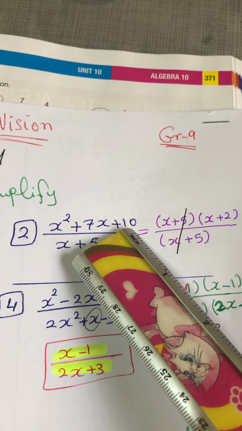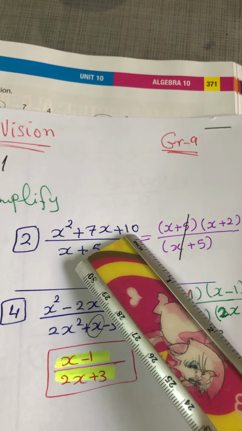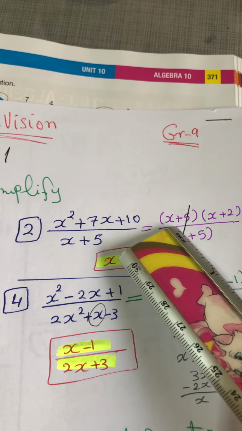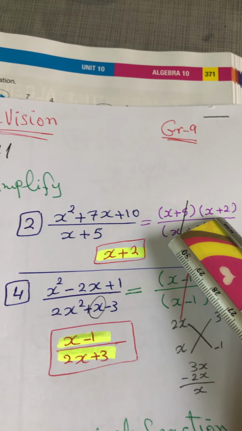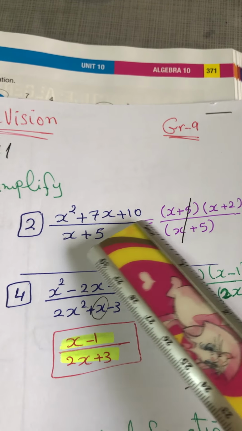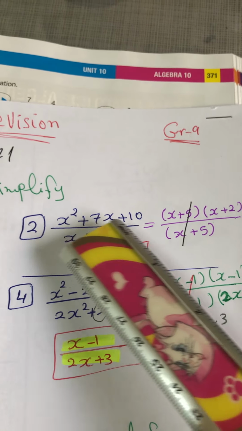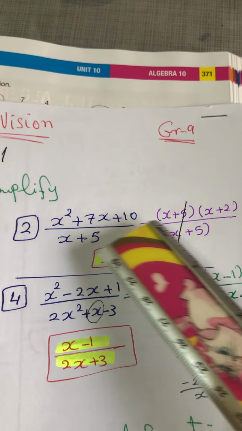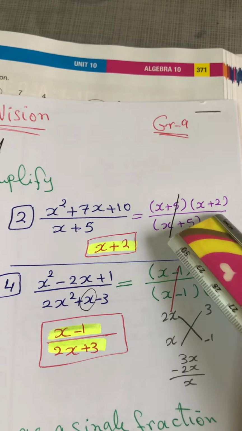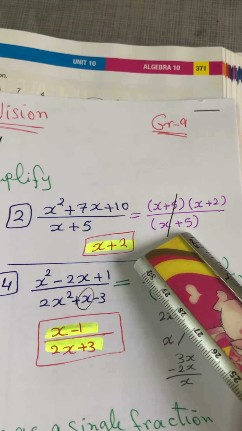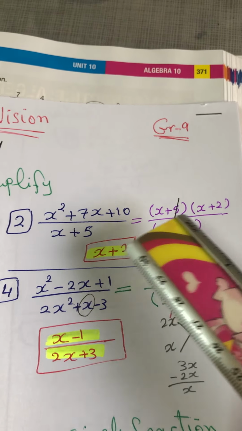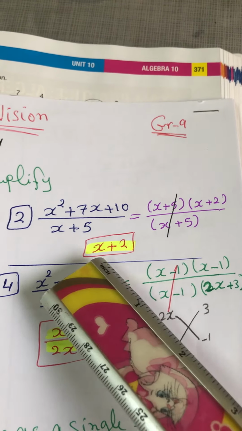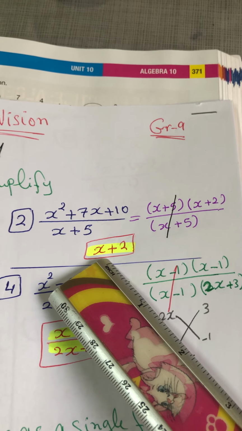And positive 10 comes from 2 positives, so I'll fill the 2 brackets with positive signs. I wanted the sum of these two numbers to equal 7 and the product to equal 10. So I have 5 and 2, both of them positive. Now I have up and down the same brackets, x plus 5. Cancel, give me 1. And what's left? x plus 2. This is the final answer.